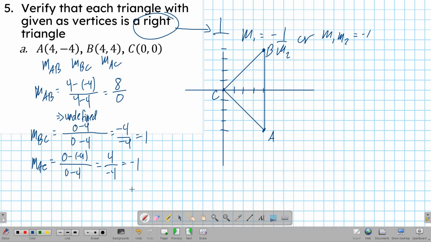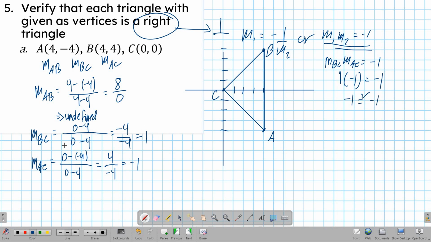Negative 1 din yun. Kaya nyo maniwala, and let's use this one instead. The slope of BC times the slope of AC would be equal to negative 1. The slope of BC is 1, but the slope of AC is negative 1. Negative 1 is equal to negative 1.